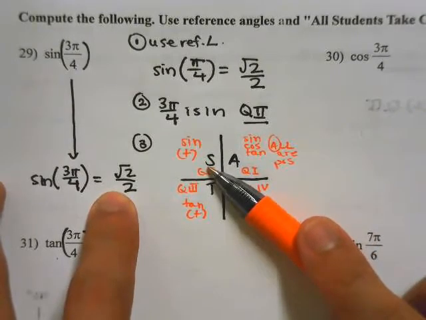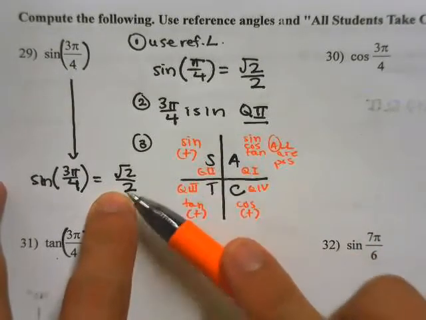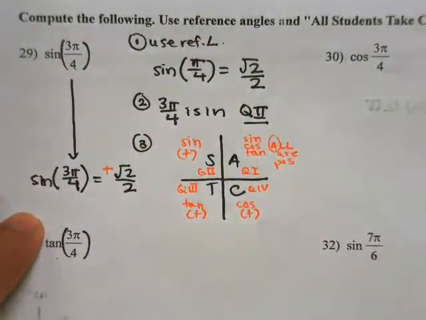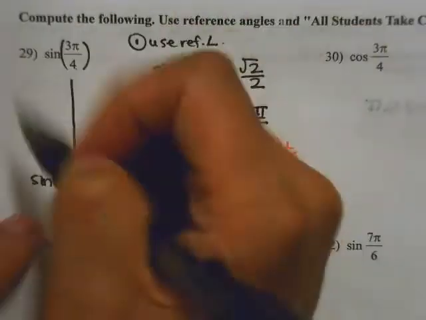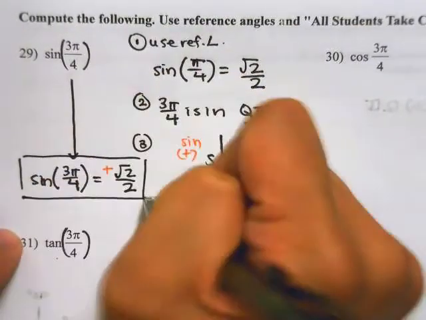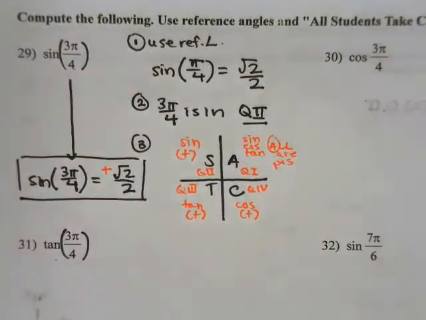We also know that sine is positive, so we're going to keep this as positive square root of 2 over 2, and that is your evaluation. Sine of 3 pi over 4 is equal to positive square root of 2 over 2.